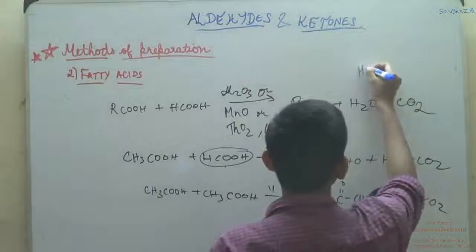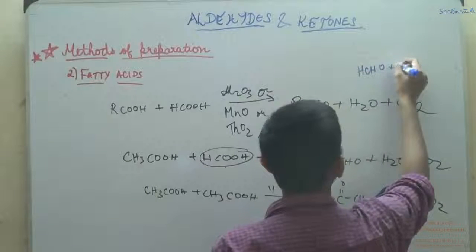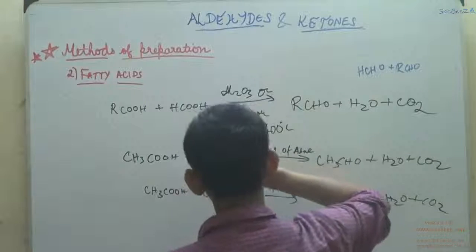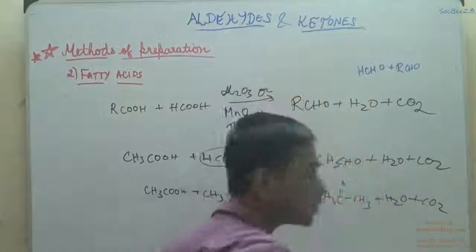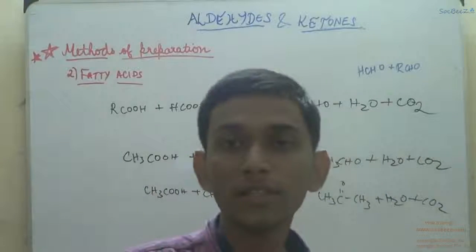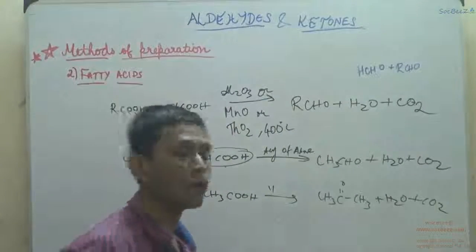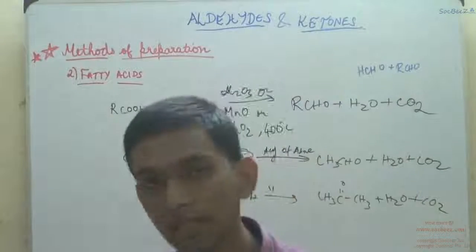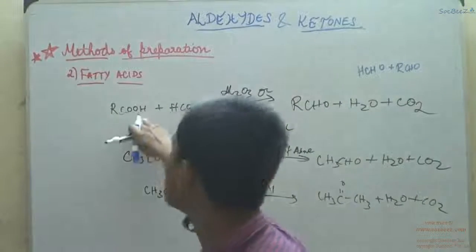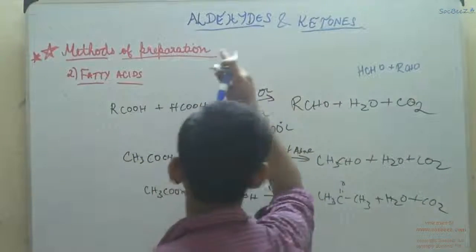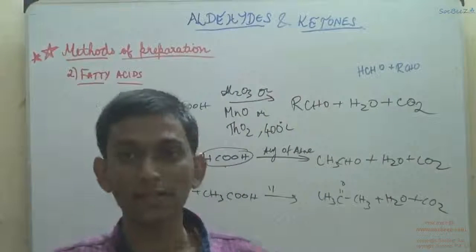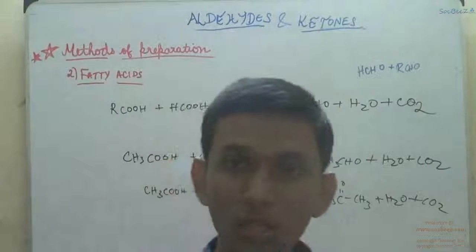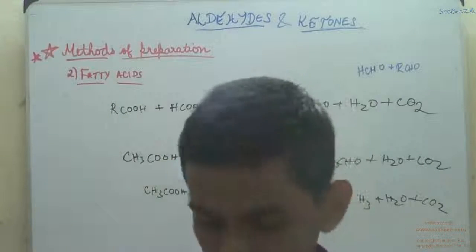Basically, you should be getting HCHO plus RCHO because both are getting reduced in the presence of a reducing agent. You know, all these agents, Al2O3 or MnO, ThO2, can be used as a reducing agent. So basically this should be reduced to RCHO plus HCHO. But formic acid is not a very stable acid. It undergoes decarboxylation to give water plus carbon dioxide.